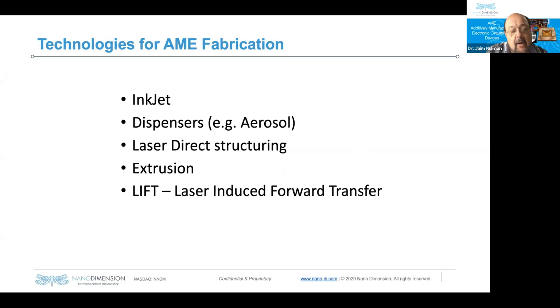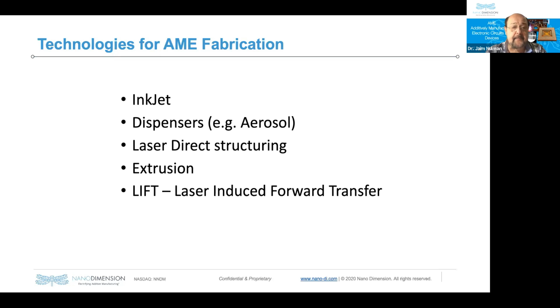And upcoming, in the not-too-distant future, we'll probably see laser-induced forward transfer, LIFT, as another way of depositing materials. At the end it could be a combination of different sources, depending on the type of structure being built, the complexity of the circuitry, and what is required.